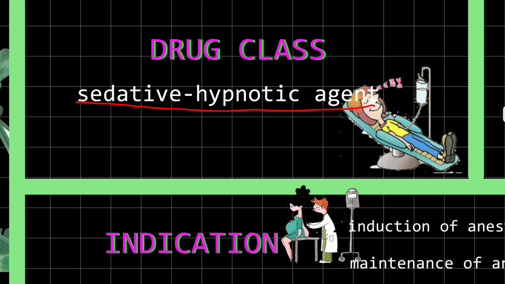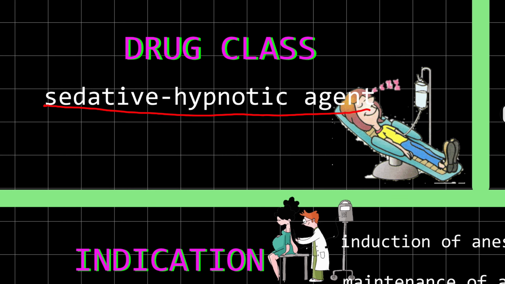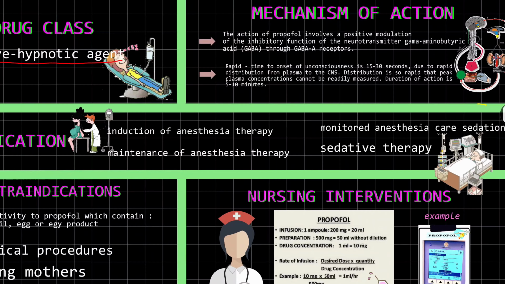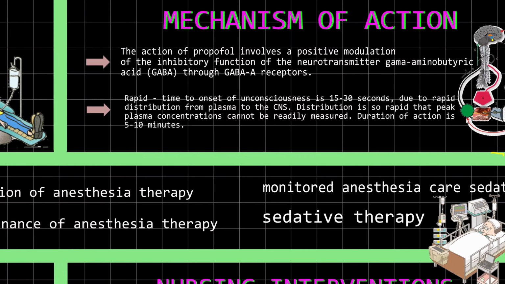So like those two, this is a sedative hypnotic agent. This is normally given to patients who are, like I said, intubated, or if they're gonna do an OR procedure. This is one of the medications we use for induction of anesthesia. Hence, I'm gonna discuss the mechanism of action.